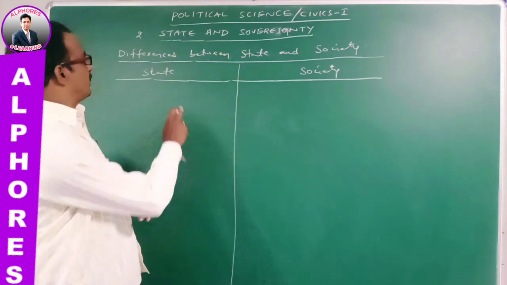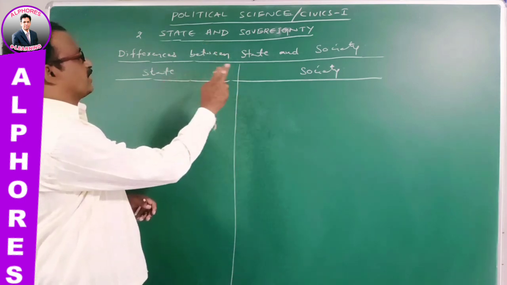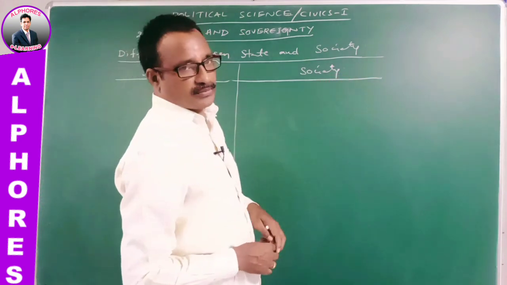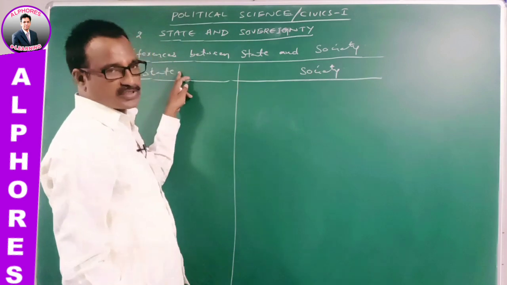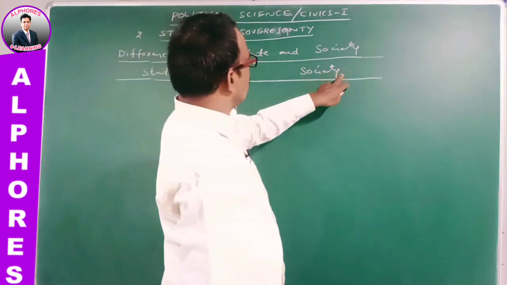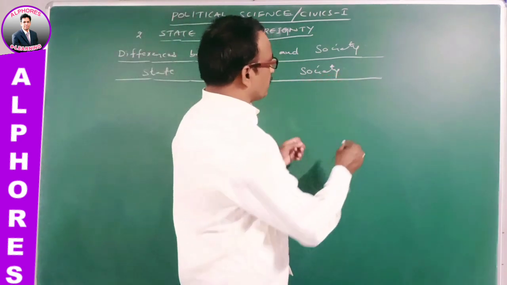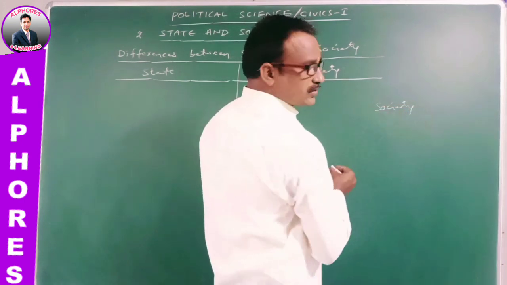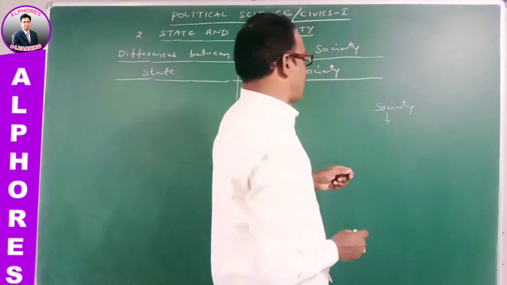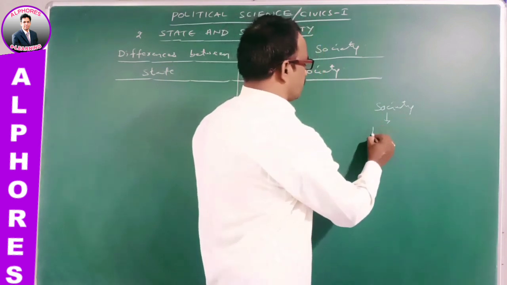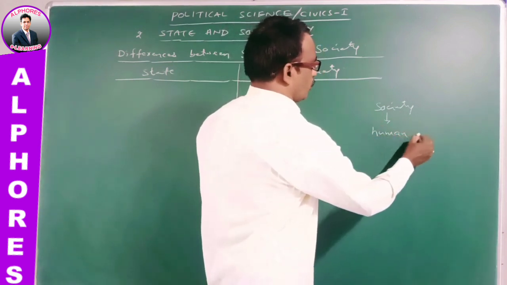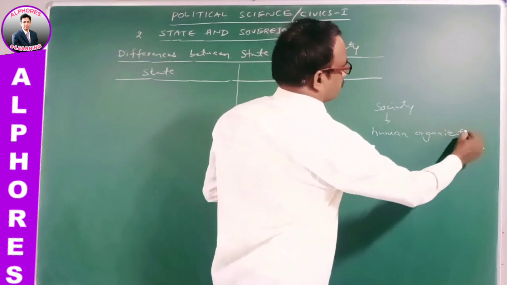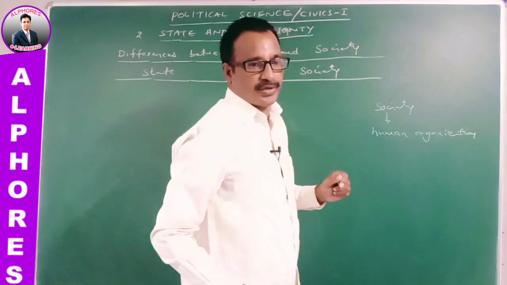Before going to explain the difference between state and society, I am going to explain society. Already we know about state, so we must know about society. So what is society at first? Society is a human organization.